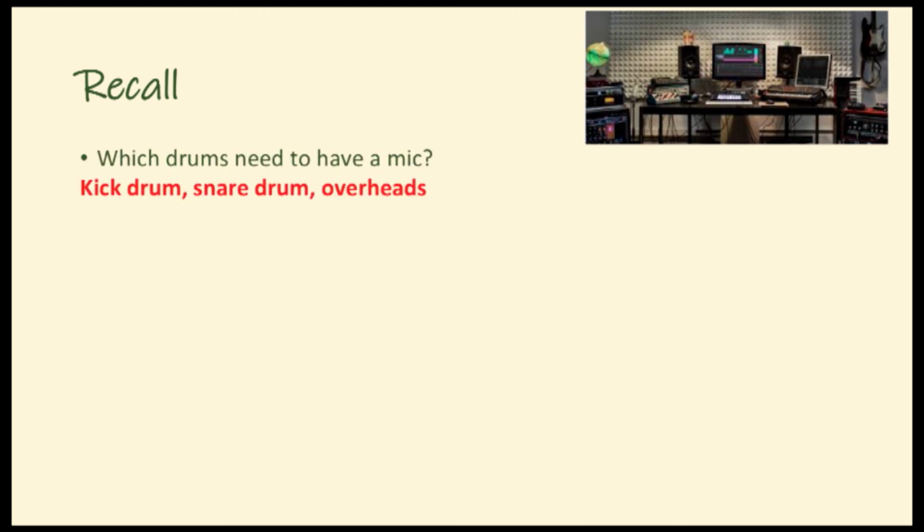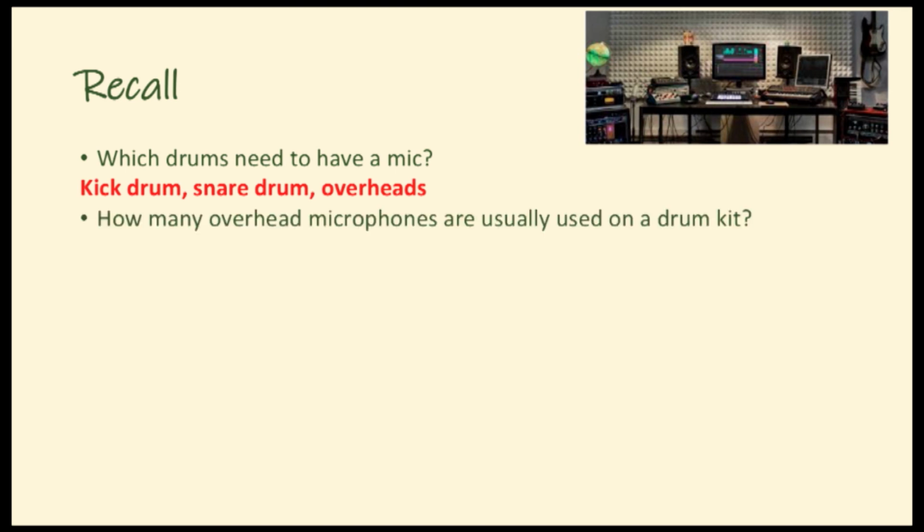And here's the answers. Which drums need to have a mic? The kick drum, snare drum, and overheads. How many overhead microphones are usually used on a drum kit? That's 2. That's a stereo pair for left and right. Question 3. What is Unit 6 all about? That's recording music. Question 4.